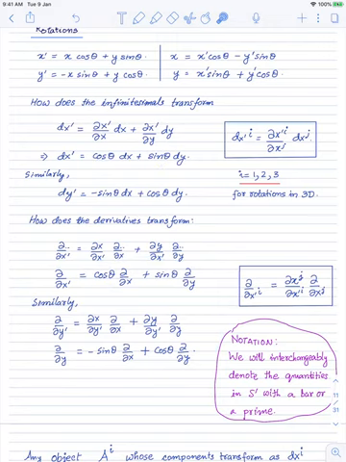They transform in the same way under these rotations. Therefore, we don't really distinguish between these two transformations when we talk about rotations.